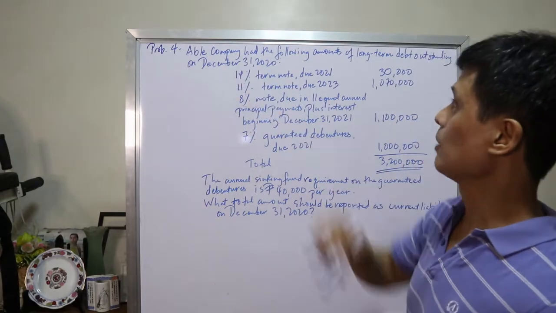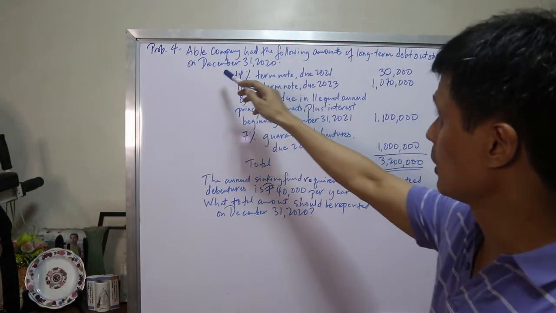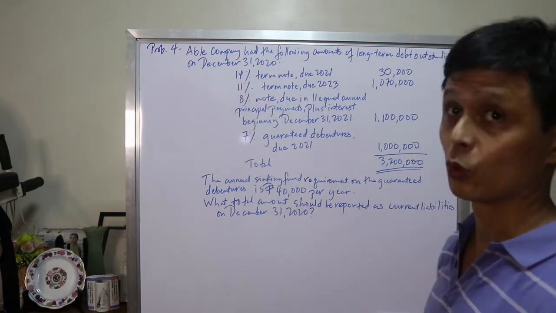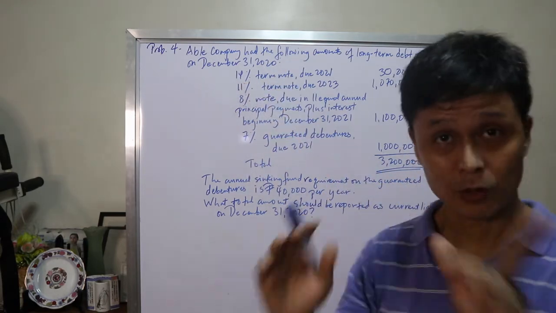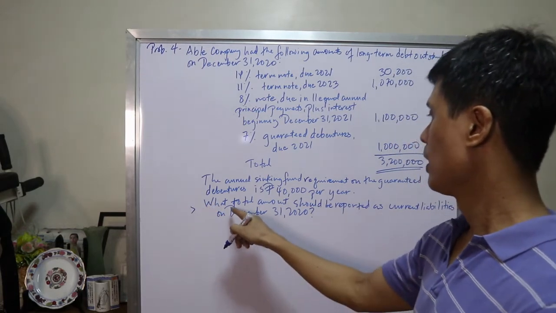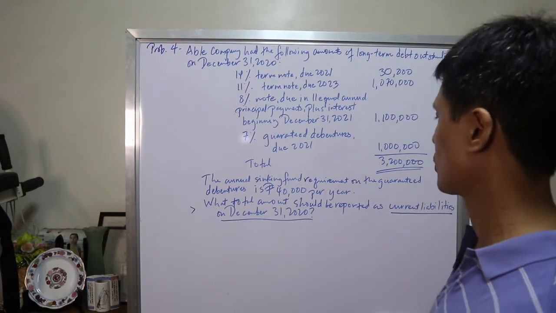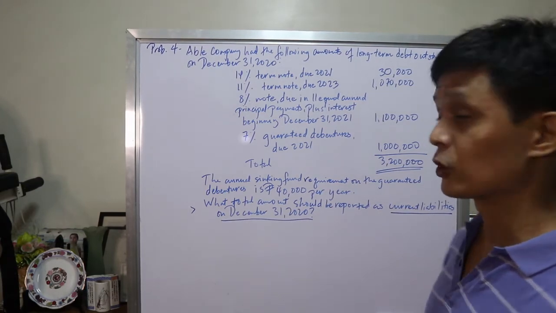Okay, so Able Company had the following amounts of long-term debt outstanding on December 31, 2020. But first, let's look at the requirement, the question. What total amount should be reported as current liabilities on December 31, 2020? So we are looking for current liabilities.